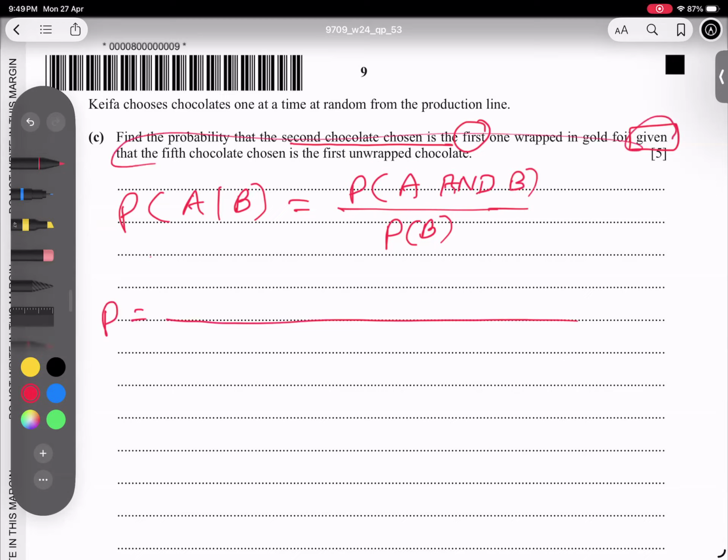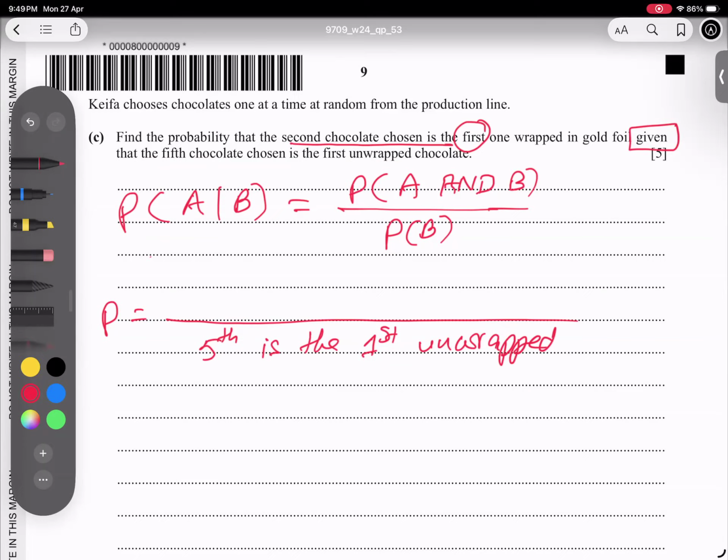Given that the fifth chocolate is the first one unwrapped, sorry, first one unwrapped. Okay, this is the plan. What about the upper part?